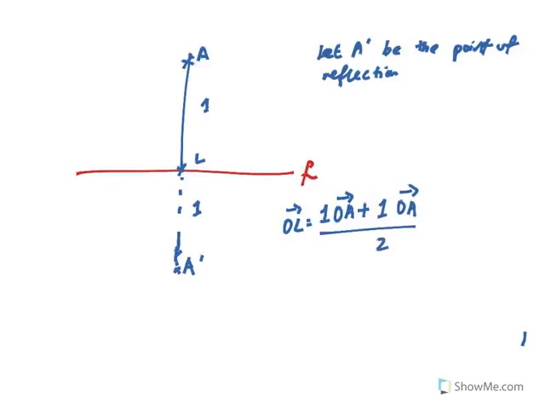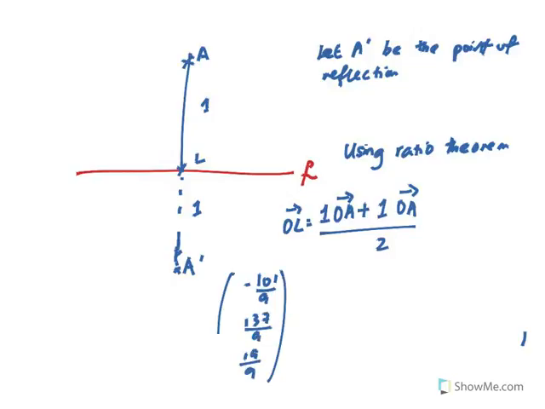Since we already have both OA and OL, we know OL is negative 101 over 9, 137 over 9, 19 over 9, which equals OA, which we know is 1, 3, negative 4, plus OA prime divided by 2.